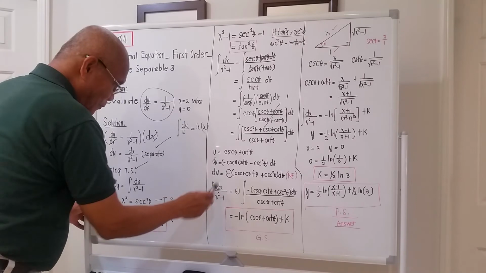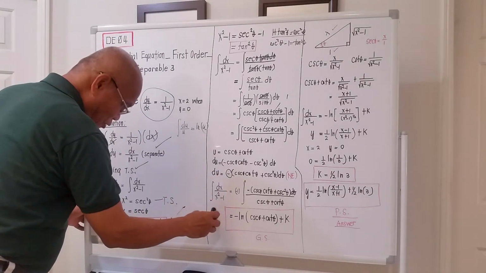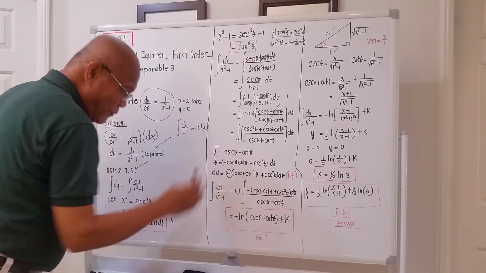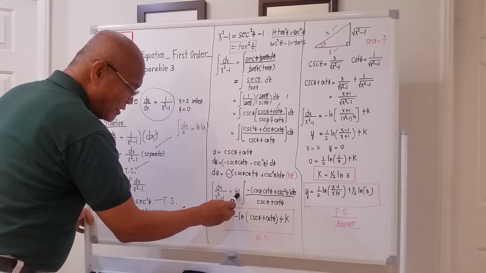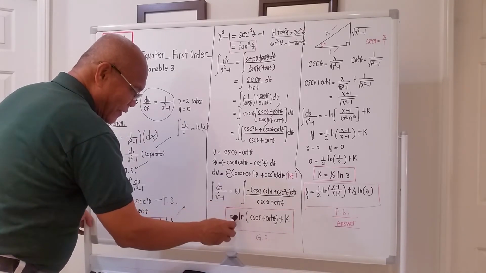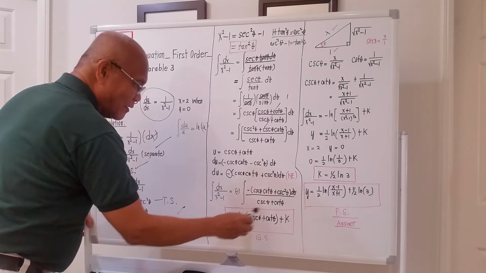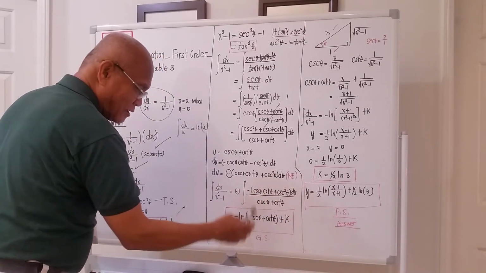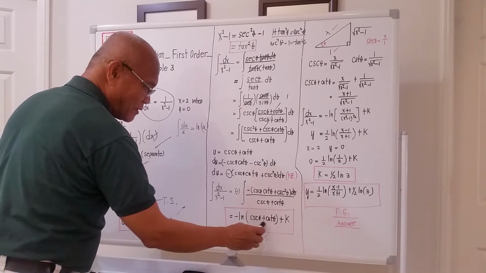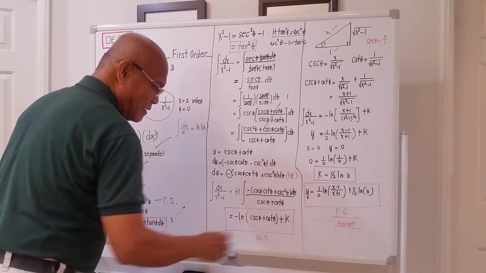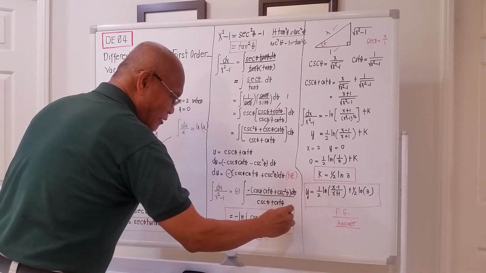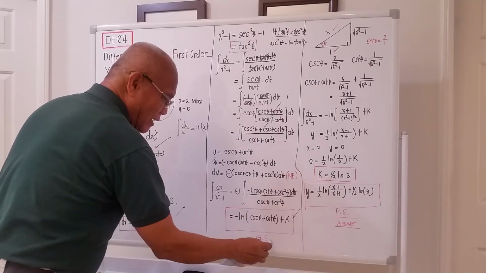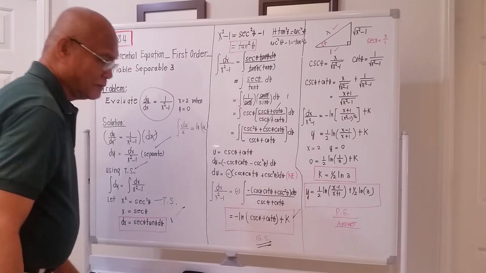So the integral of dx over x squared minus 1 will now be equal to, preceded by a negative sign, the natural logarithm of the quantity cosecant plus cotangent, plus k, the constant of integration. We are now given the general solution.